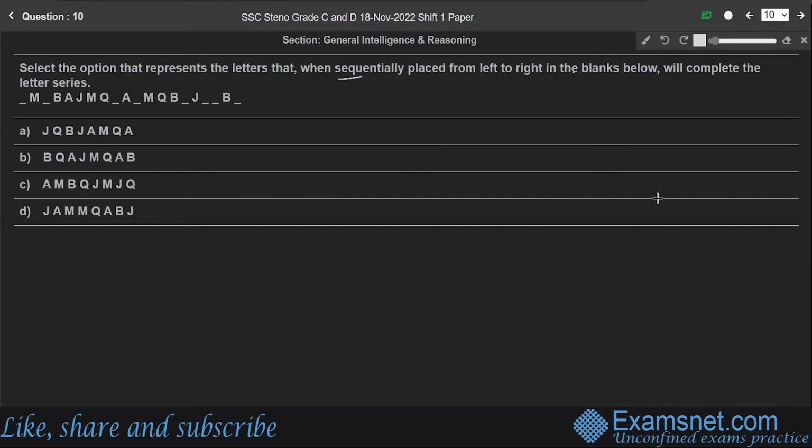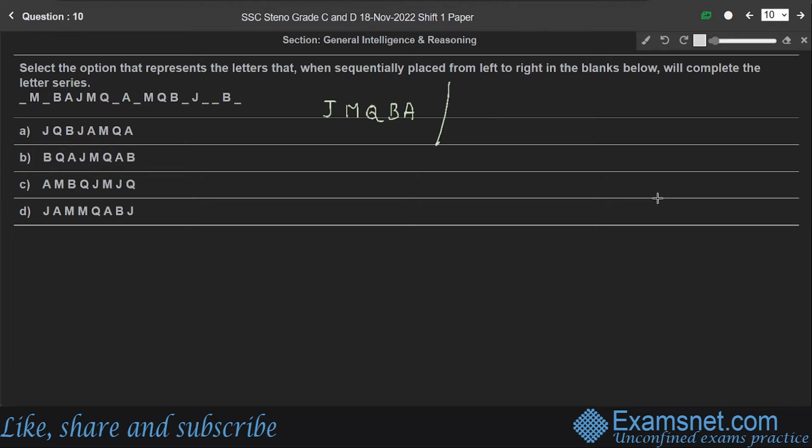Question number 10. Select the option that represents the letters that, when sequentially placed from left to right in the blanks below, will complete the letter series. The given letter series follows the pattern J, M, Q, B, A, and this pattern will be repeated.